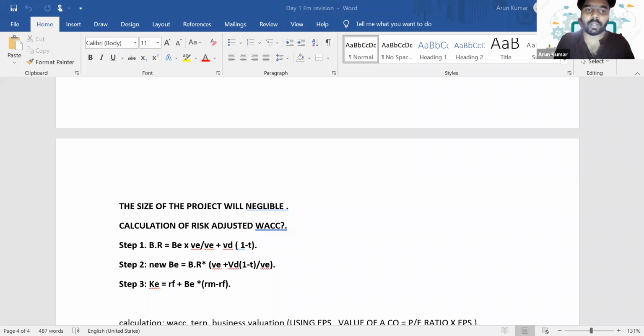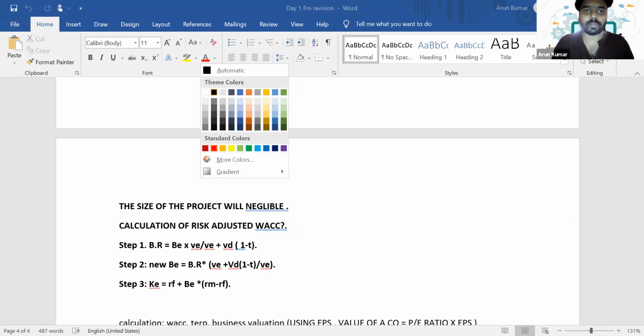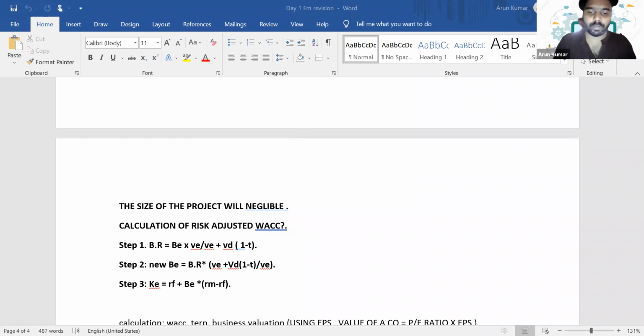So on initial recognition, we'll use the exchange rate at the date of transaction. Initially, when we recognize something in our books, we will translate it at the historic date.